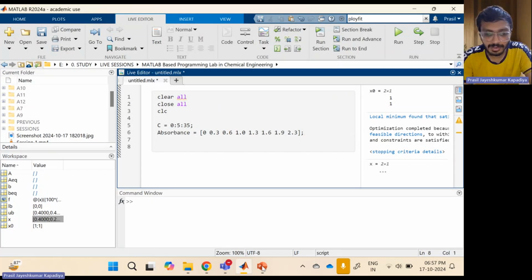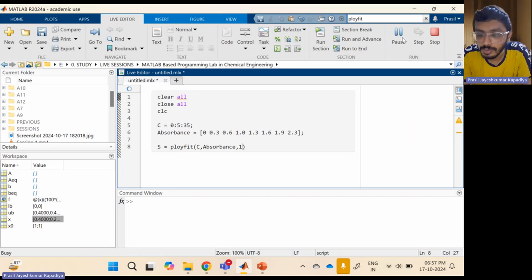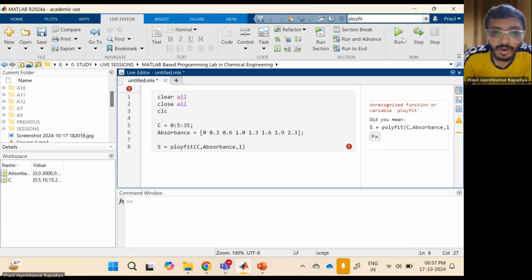Okay, so I will use polyfit. What is on the x-axis? The x-axis has C, the y-axis has absorbance, and I want to fit a first order polynomial. Okay, so if I do this, why am I writing it wrong again and again? polyfit.